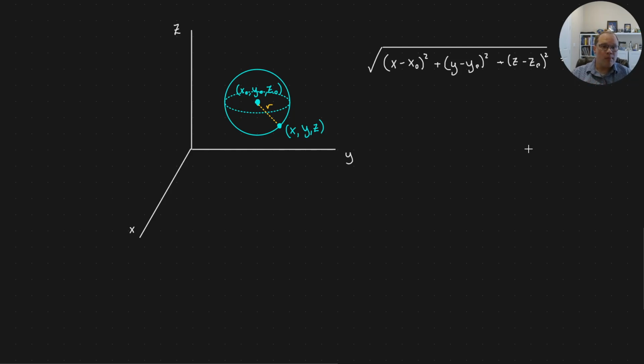And if we square both sides of the equation, then we get the standard form of a sphere. Or the equation of a sphere in standard form.